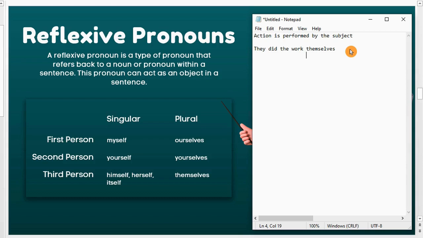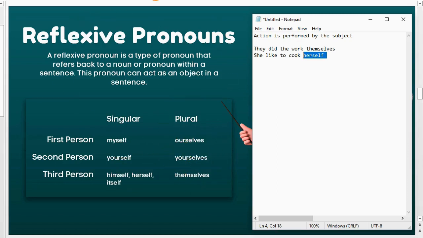If I say she did work herself, she liked to cook herself. I'm talking about third person, so that would be herself. Third person, we're talking about third party, yourself, myself. So this is singular and this one is plural.